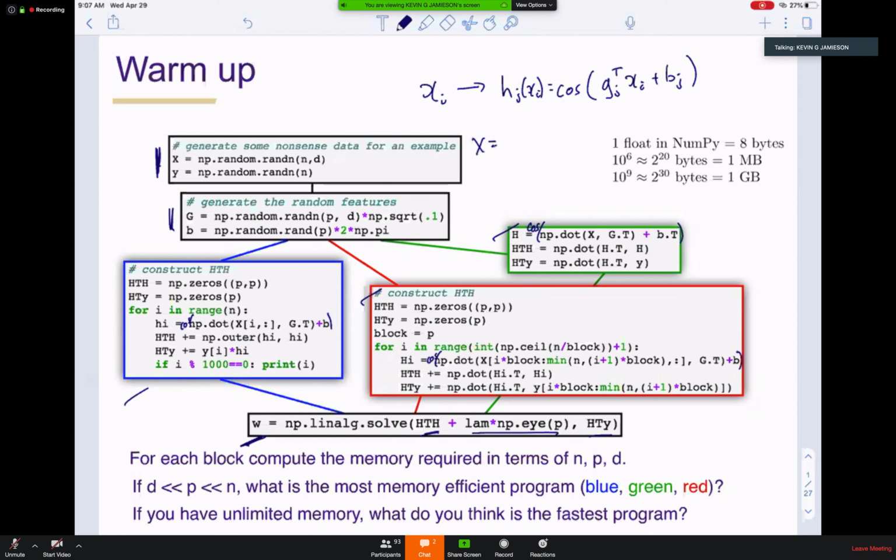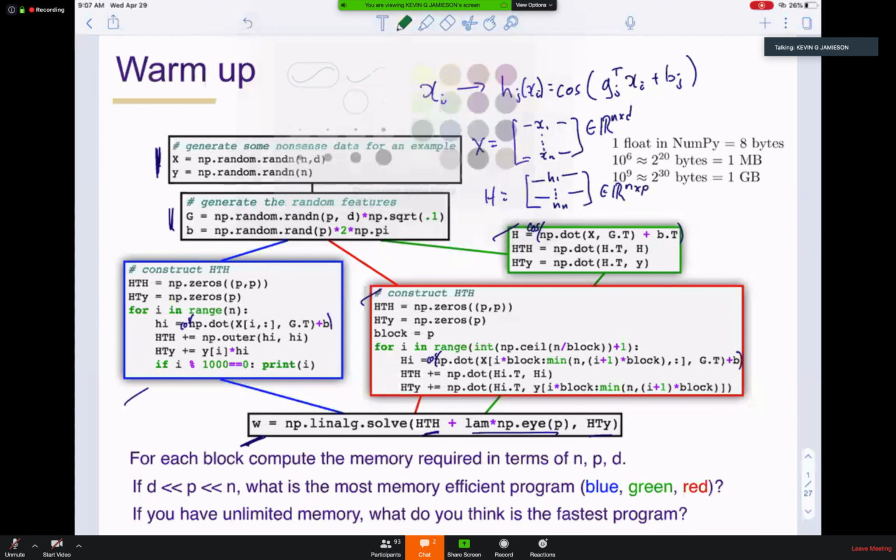And so if x is equal to x1 through xn, h is then going to be equal to h1 through hn, where this is in R n by D, and this is in R n by P. What I want to look at first is this green one, which is the most direct computation that you would do.